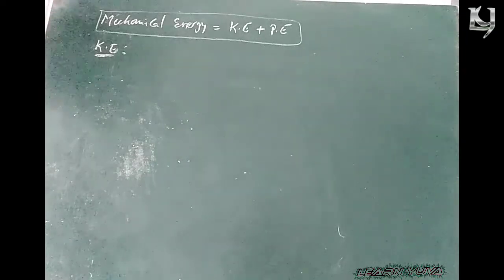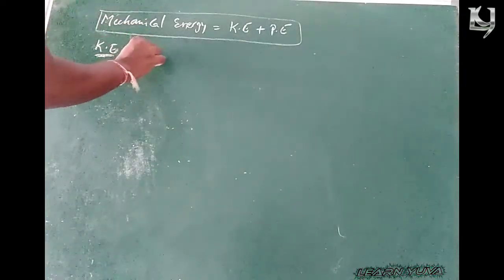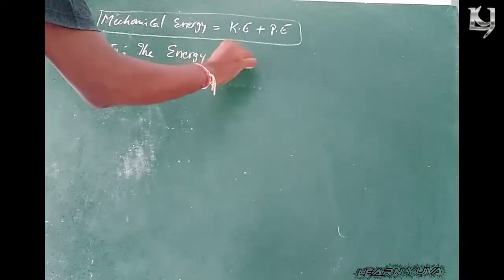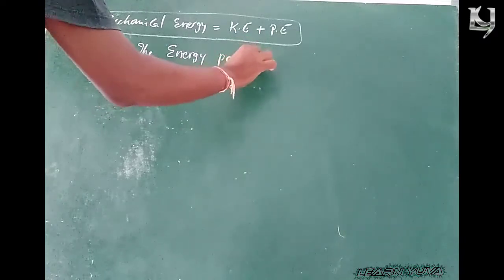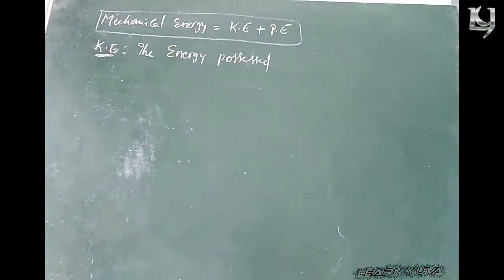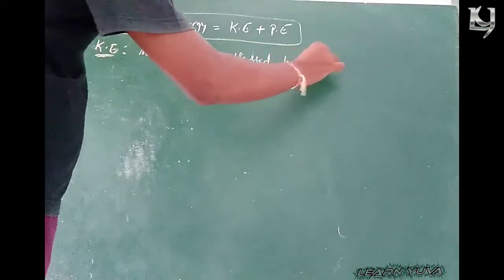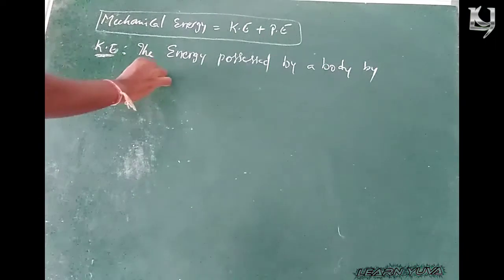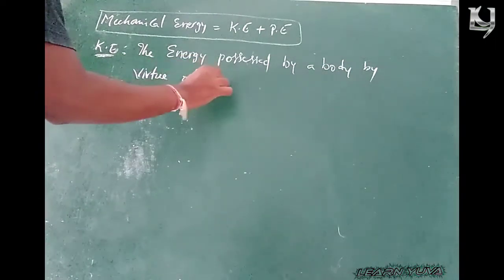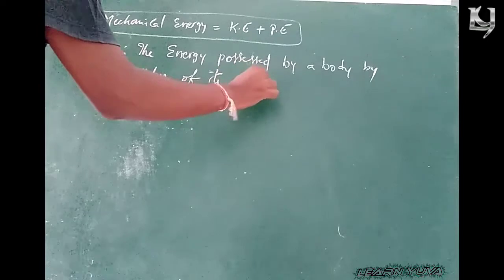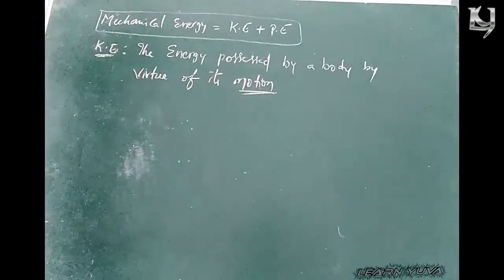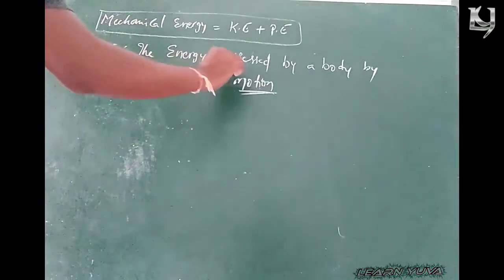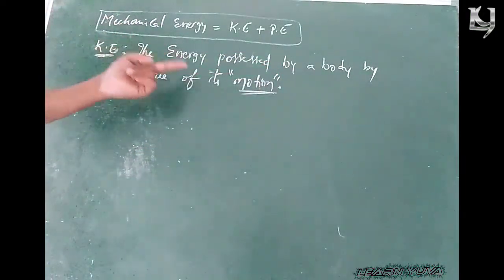So kinetic energy can be defined as the energy possessed by a body by virtue of its motion. Here the important term to remember is motion. You must remember this. Whenever the body is in motion, that body possesses kinetic energy.